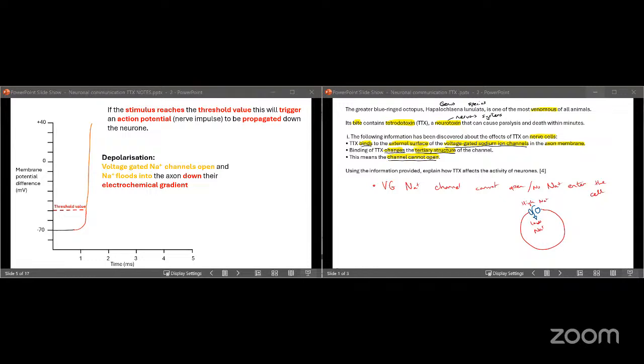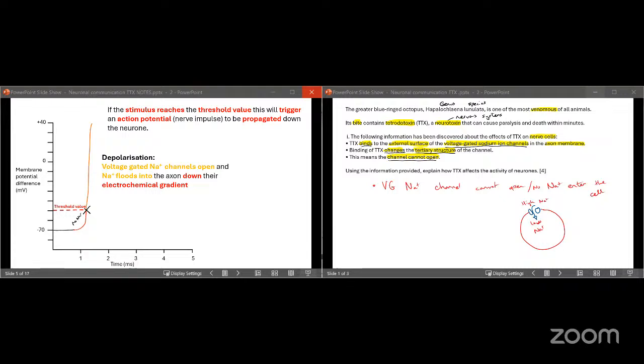Well, if we then go back to looking at what happens if no sodium enters, we're not going to reach that threshold value. So in this case, if there's no sodium coming in, we cannot reach that threshold value.